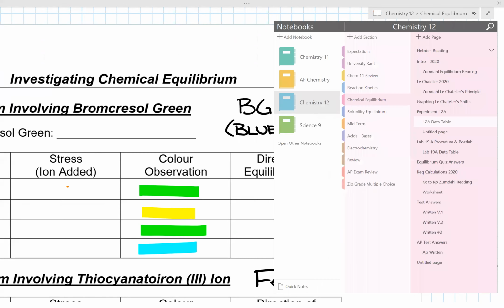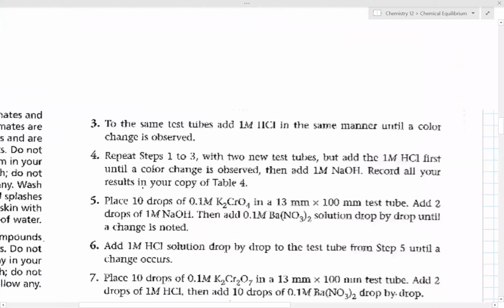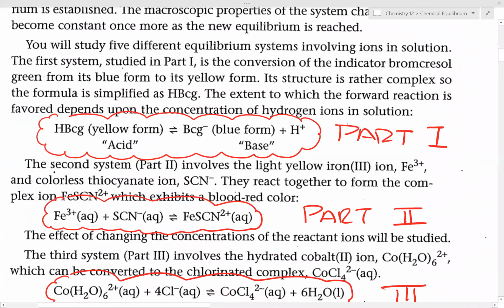It is from right on the first page, right here: bromocresol green, blue, and H+. All I did was flip the equation.